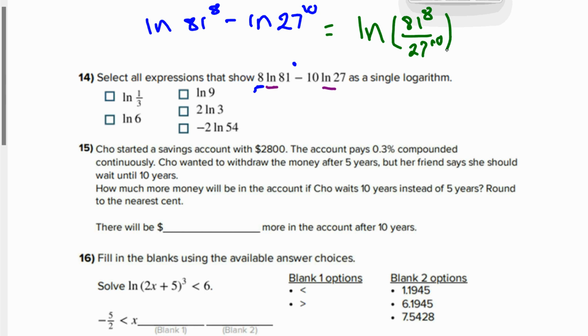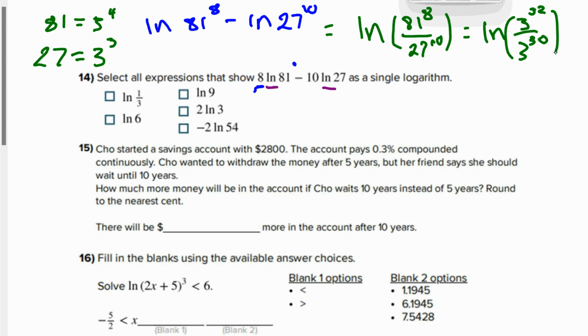And then I could rewrite 27 as 3 cubed. So 27, I'll write over here, 27 equals 3 cubed. And 81, which we've talked about before in the other video, is 3 to the 4th, right? And then when we raise powers to powers, we multiply. So 4 times 8 would be 32. So this is ln of 3 raised to 32 over 3 raised to 30.